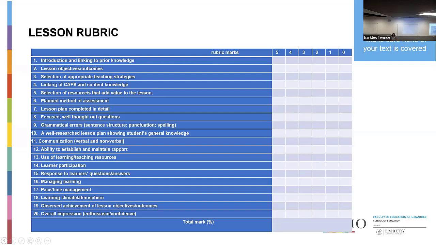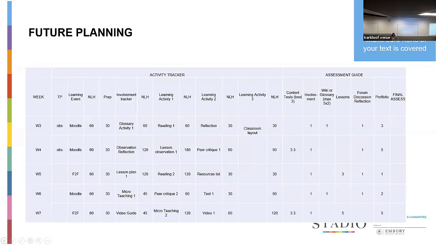So finally, I thought I would just give you a brief overview of what's happening at present and what is still to come. You've already been to schools and you've done observations.